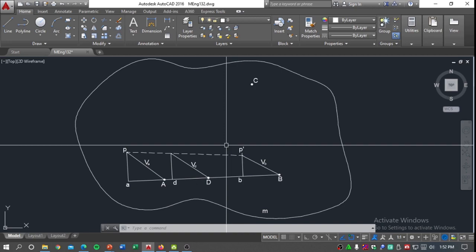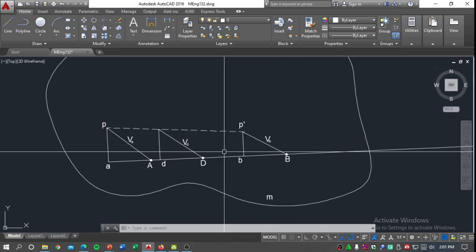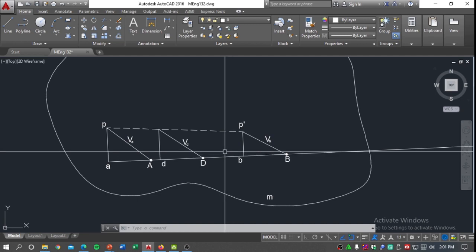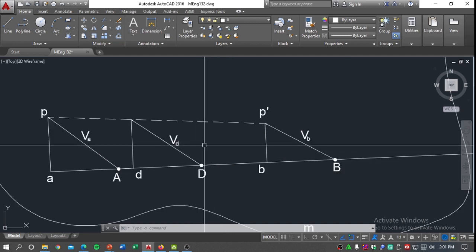Okay, so for this demonstration, we'll have to locate first the point Q. This point Q for this example is imaginary, but it is required so that we'll be able to obtain the velocity of point C. So how are we gonna obtain this point small q?